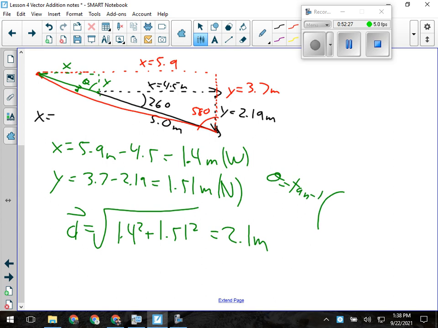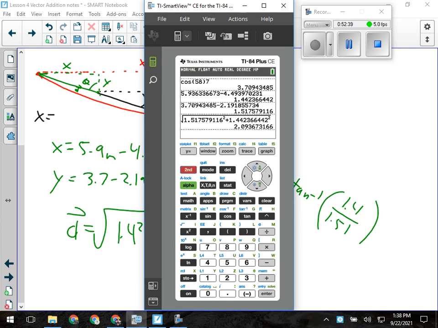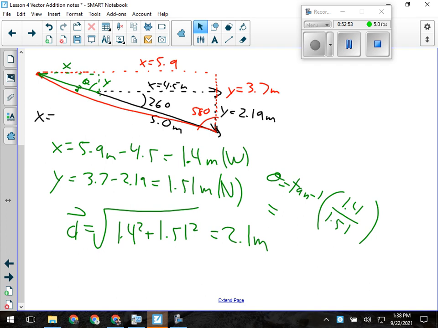The way I drew the triangle, it's going to be x over y, so that's 1.4 divided by 1.51. So we're looking at 43.5 degrees, which is going to round to 44 degrees. And that, for me, is going to be west of north.